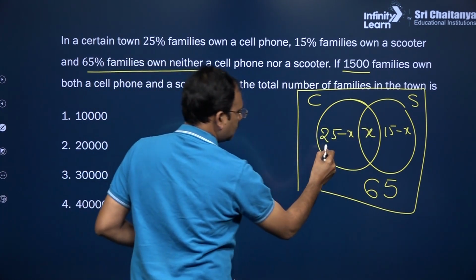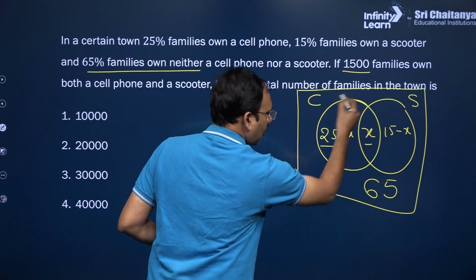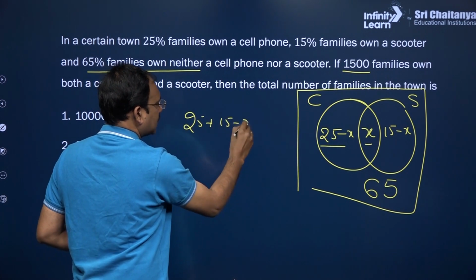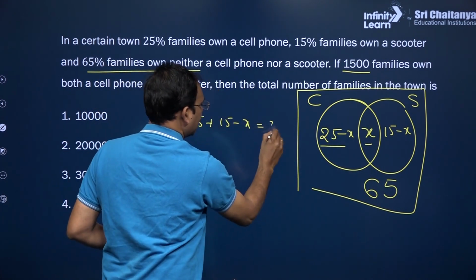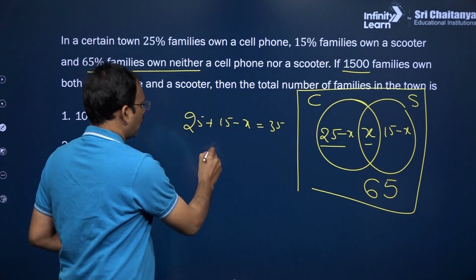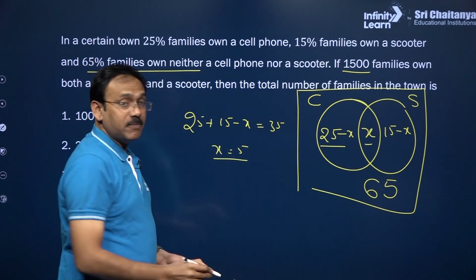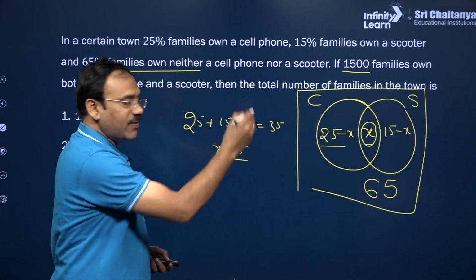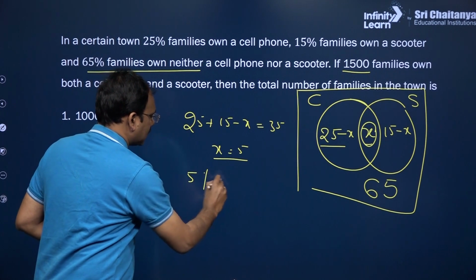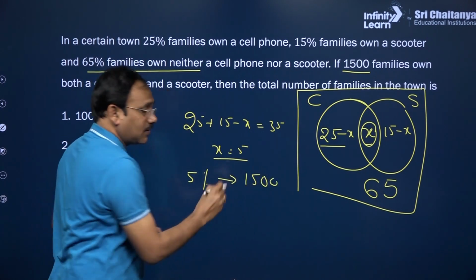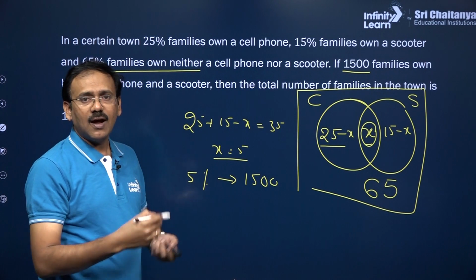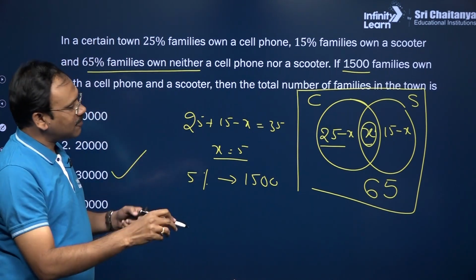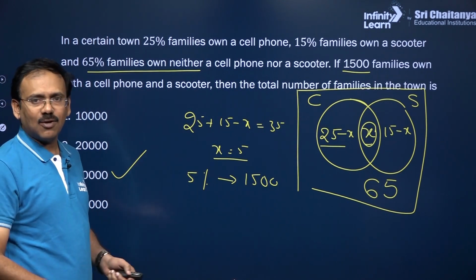That means 25 minus x plus x is already 25, 25 plus 15 minus x, since it is 65, it must be 35. So x is going to be 5, that means 5% should take this place, but that is given as 1500. If 5% is 1500, 10% is 3000, 100% is 30,000. 30,000 is going to be 100%, that is the total number of families in the town.